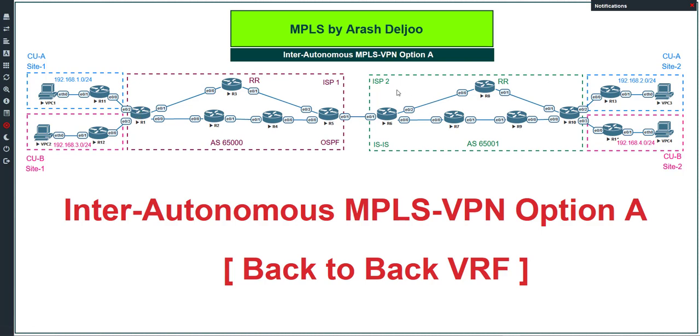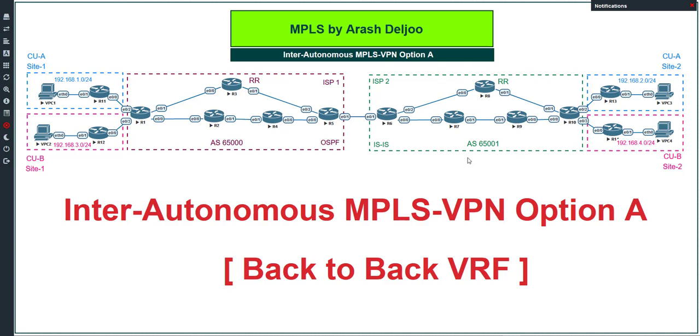And also in ISP2, you can see we have customer A site 2 and customer B site 2 connected to R10, the PE of ISP2. Okay. And the requirement is that we need to configure inter-autonomous MPLS VPN.